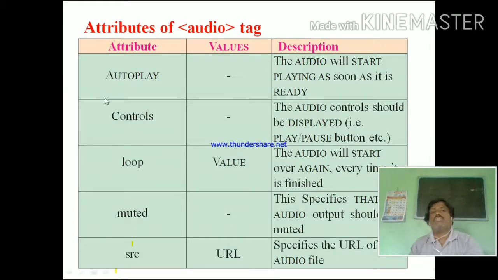Among them, the first attribute is autoplay. The audio will start playing as soon as it is ready, meaning when the user opens the web page in the browser, the audio will start playing the music.